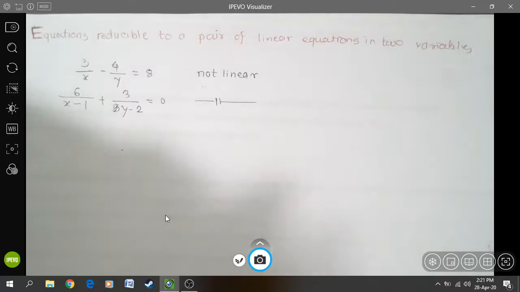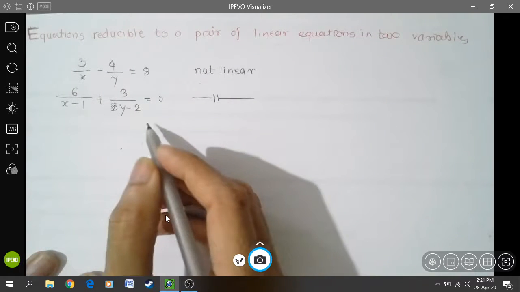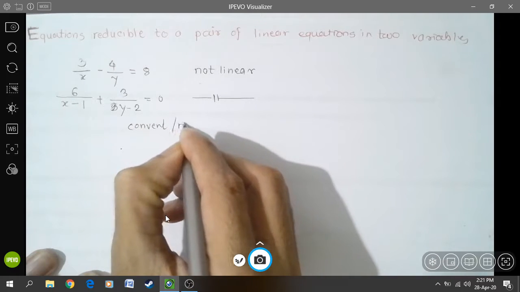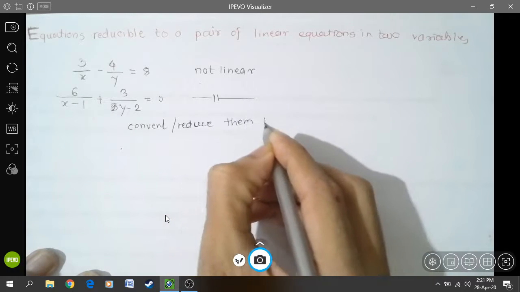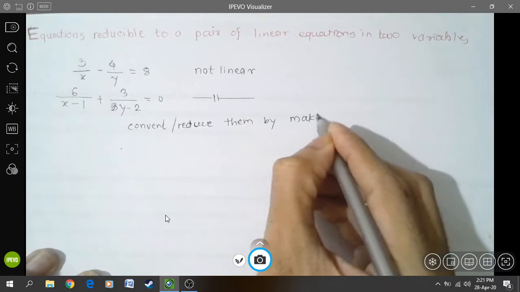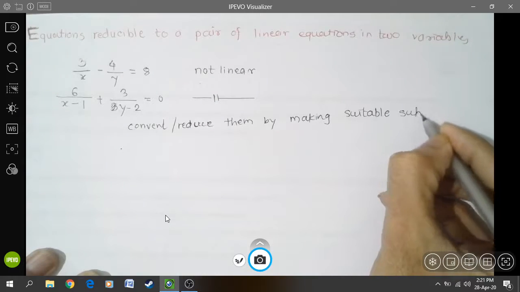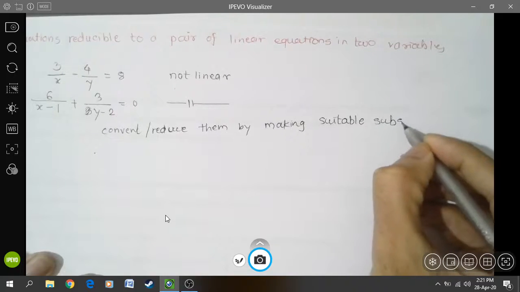The above equations which are not linear can be converted to linear equations by making suitable substitutions.